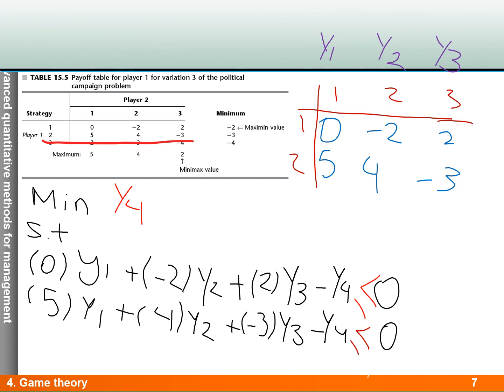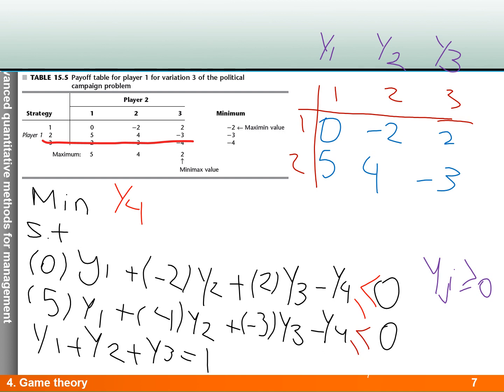And do we have any other constraints? No. And we know the probabilities y1 plus y2 plus y3 is equal to 1, while yj, it's better to say, is greater than or equal to 0.